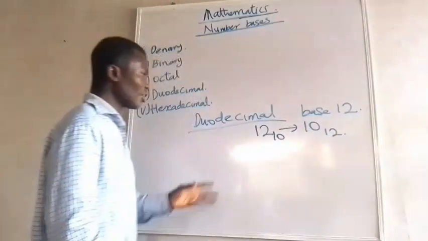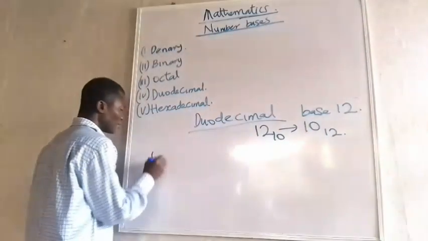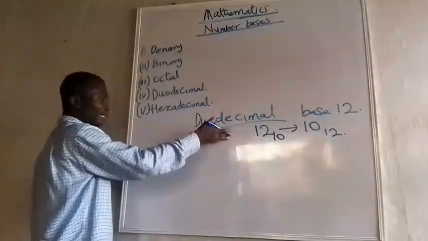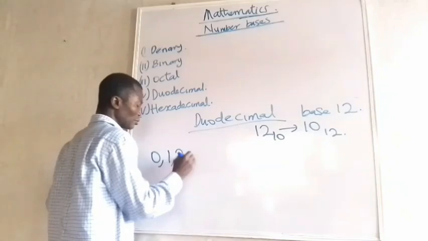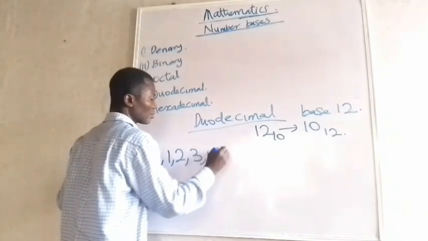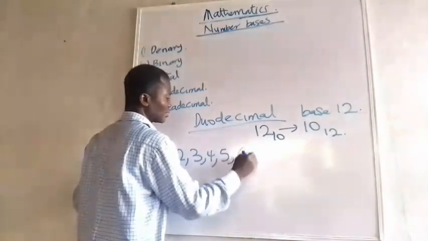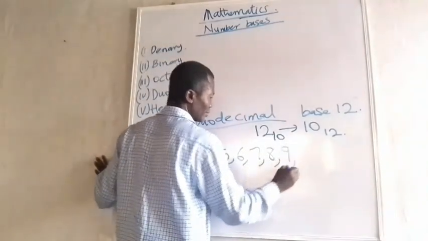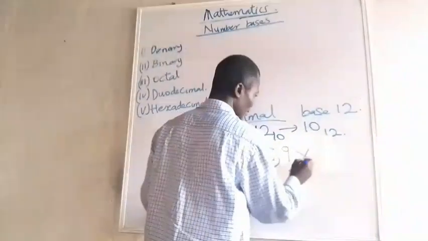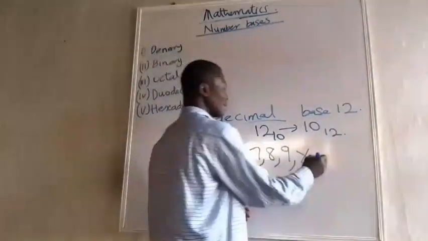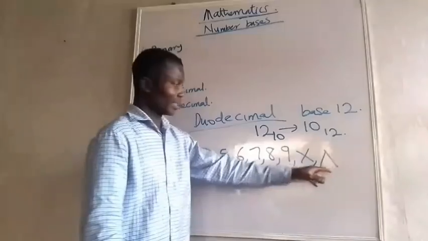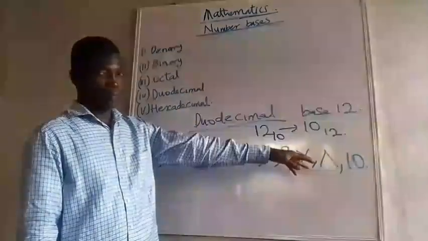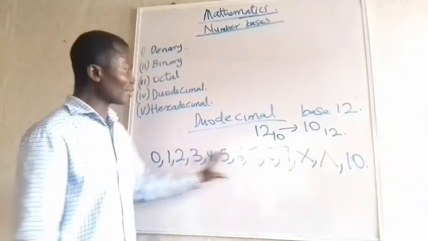So look at the way the numbers are. These are the figures you can find under it: 0, 1, 2, 3, 4, 5, 6, 7, 8, 9. Instead of 10, we have x here, and then we have this. So the 12 now will be 10. I hope you understand now. So that is what we have under duodecimal.